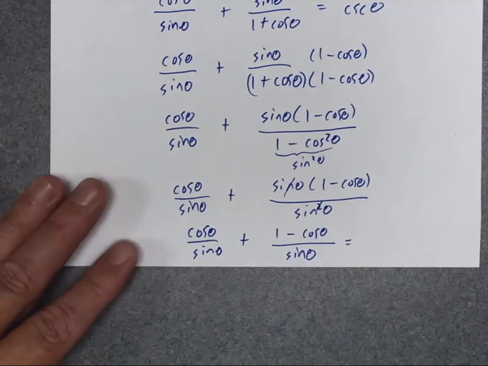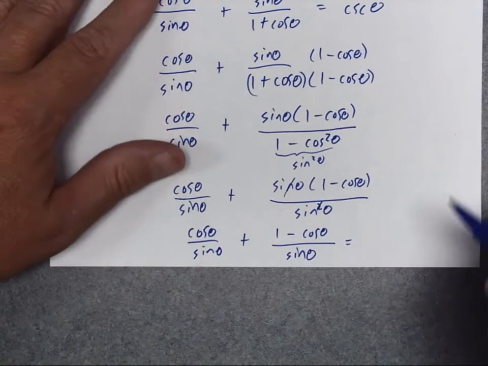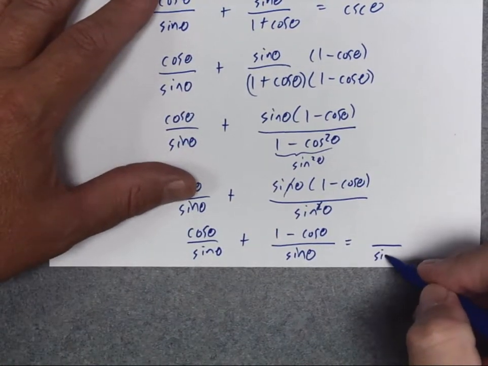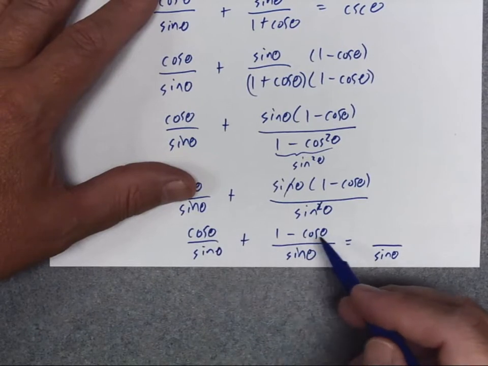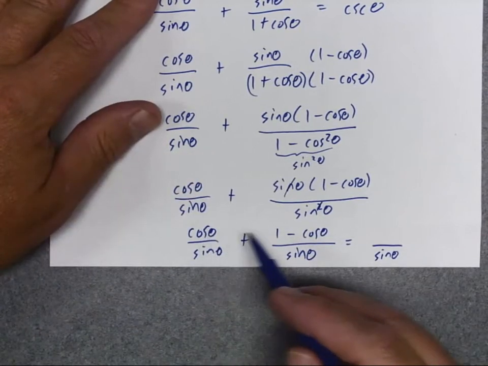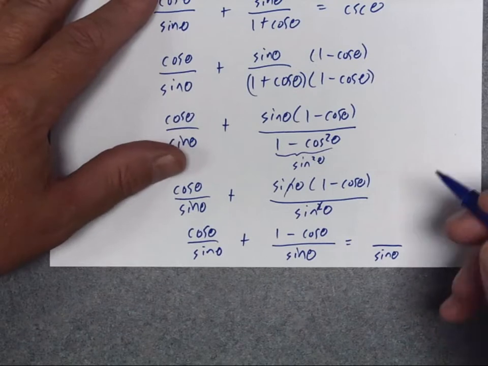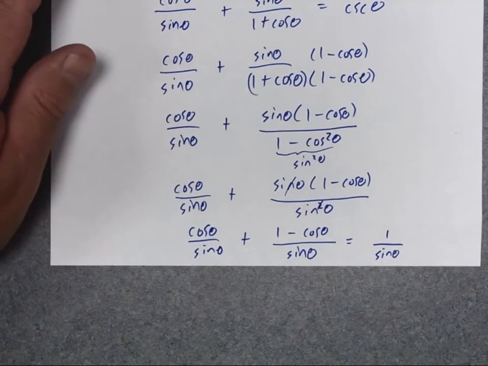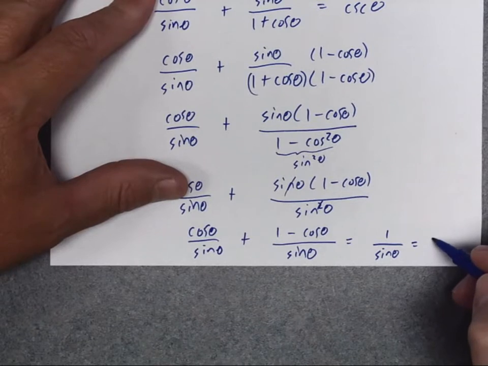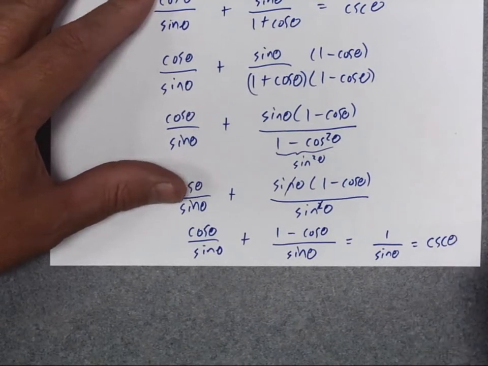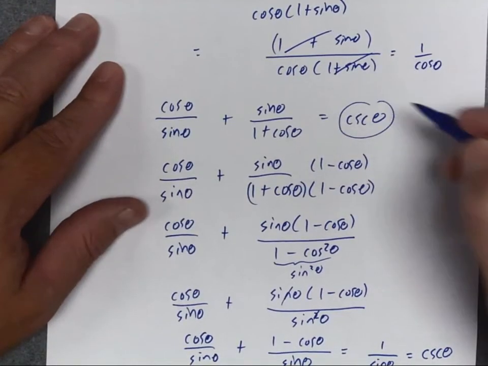And look what happens. Cosine plus 1 minus cosine. Hopefully you see that cosine minus cosine cancels out. I'm left with 1 over the sine of theta, which in this case is the same as cosecant of theta, and lo and behold, that's what I'm trying to prove it's equal to.